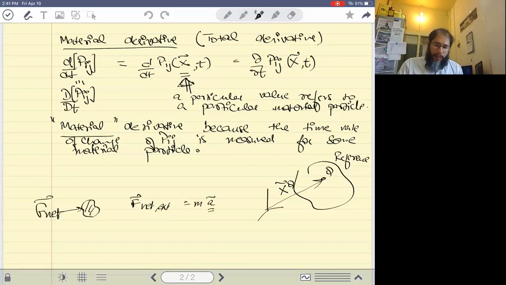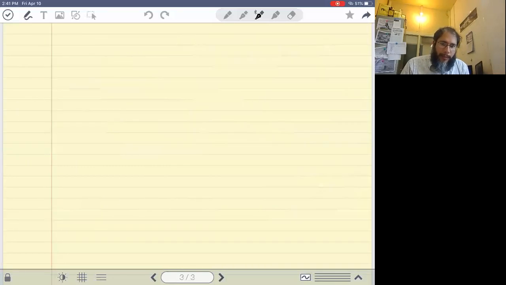And then later we said that in many situations it's more intuitive to describe the property P in the spatial coordinates.